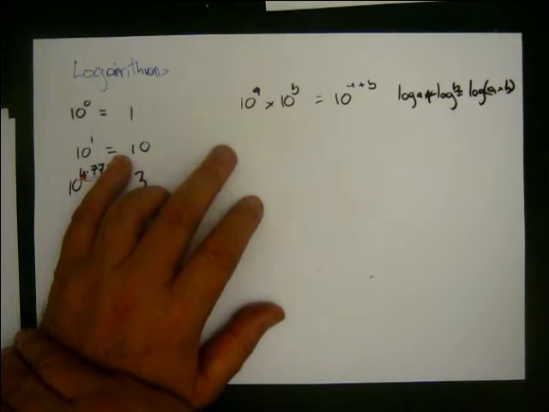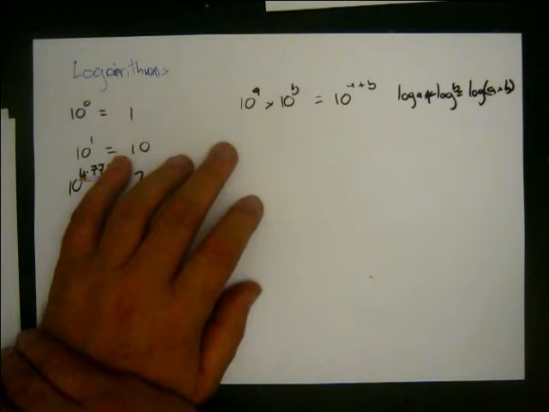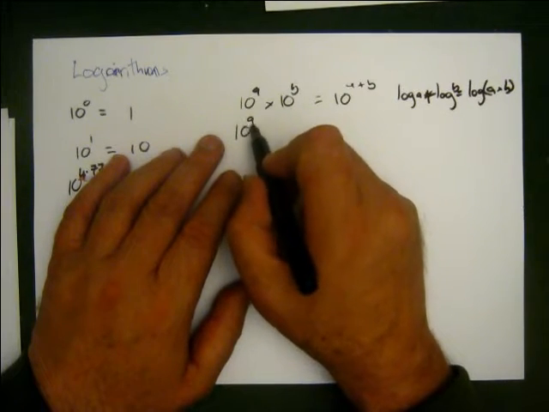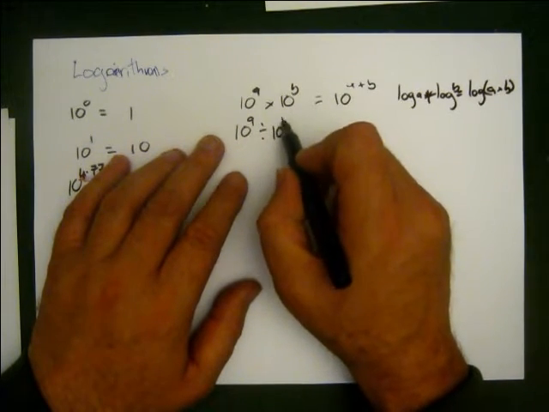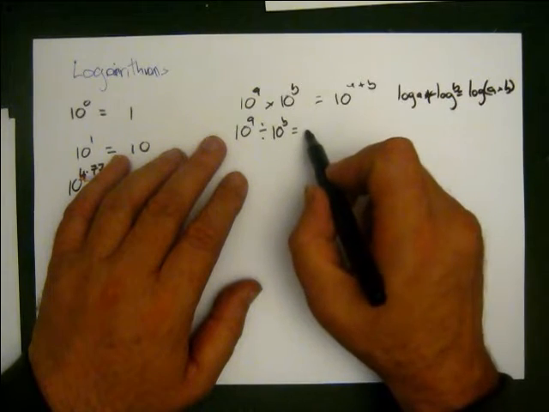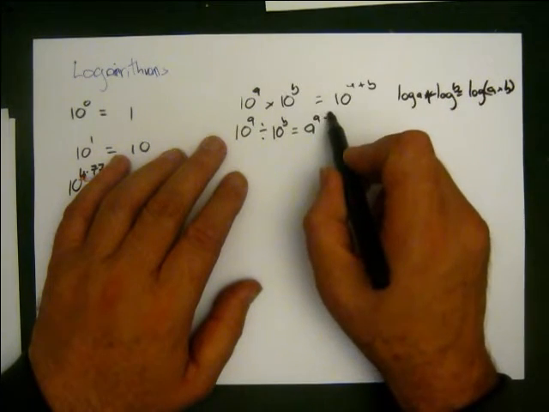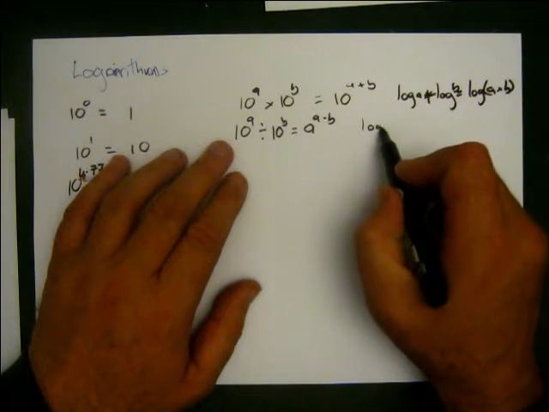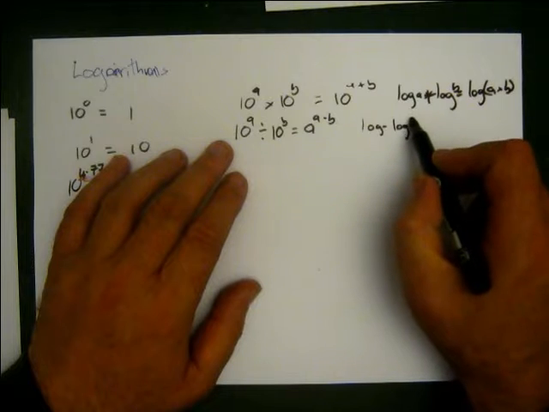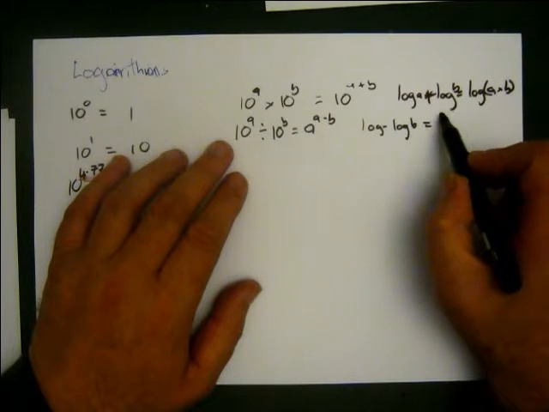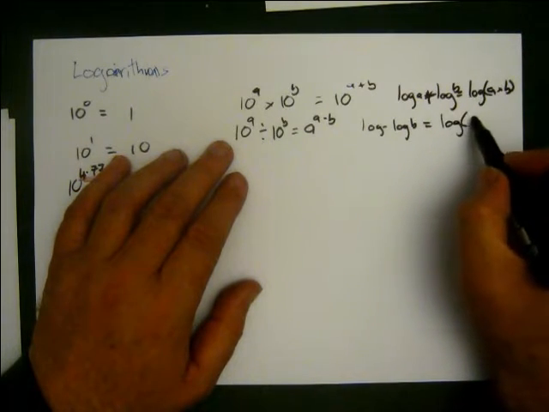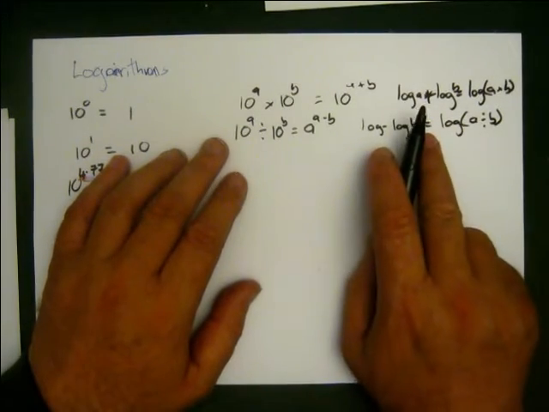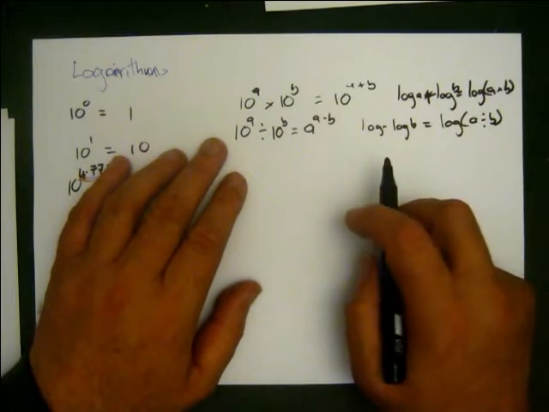Isn't that cool? We also get another one, 10 to the A divided by 10 to the B equals 10 to the A minus B. And we can do this again: log A minus log B equals log A divided by B. So these are related things. Basically these logs come from our indice rules.